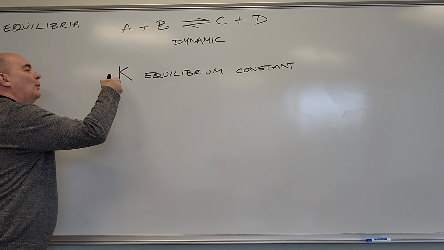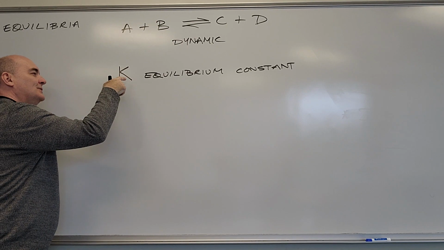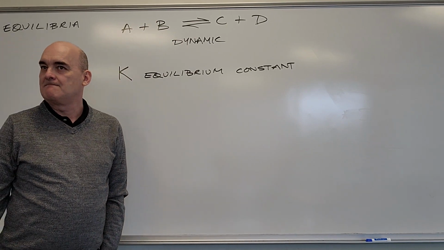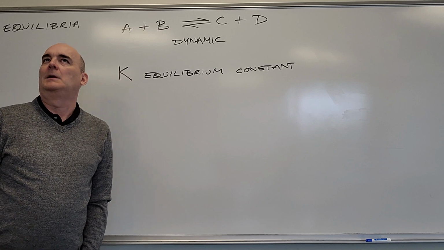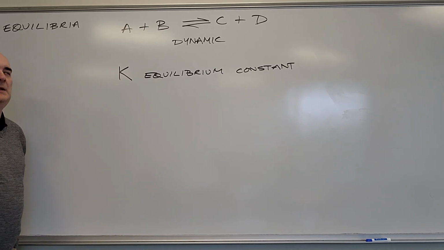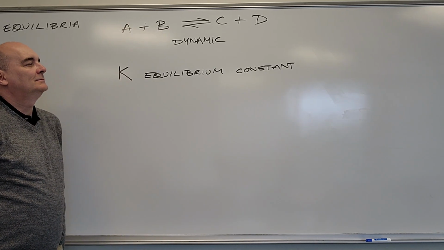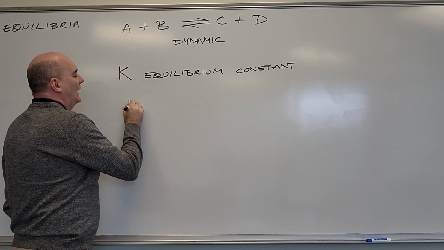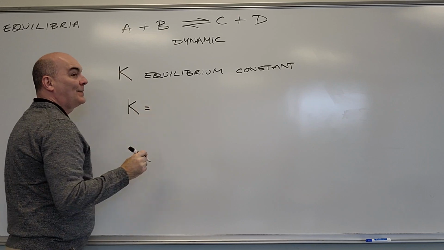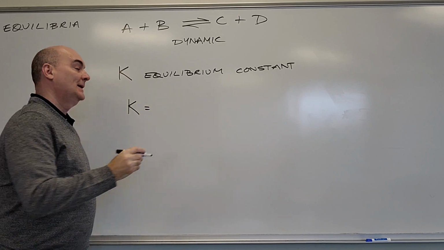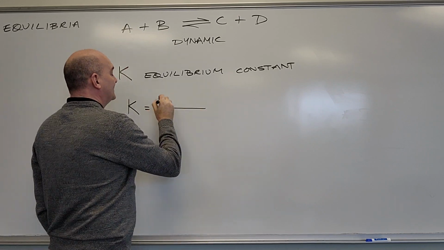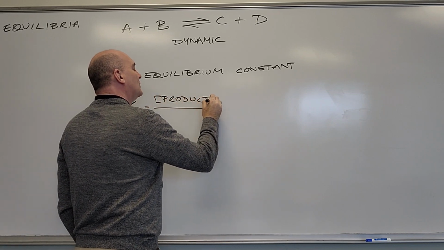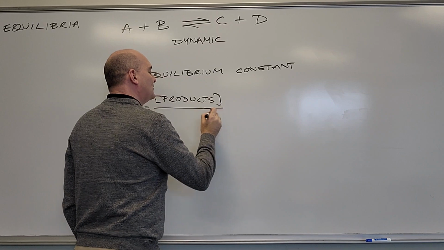Do we remember what goes into this? Concentration of products over reactants. Yeah, yeah. We'll write that down now and then see if we can backtrack to get to what it means. So this is the ratio of the concentration of products.